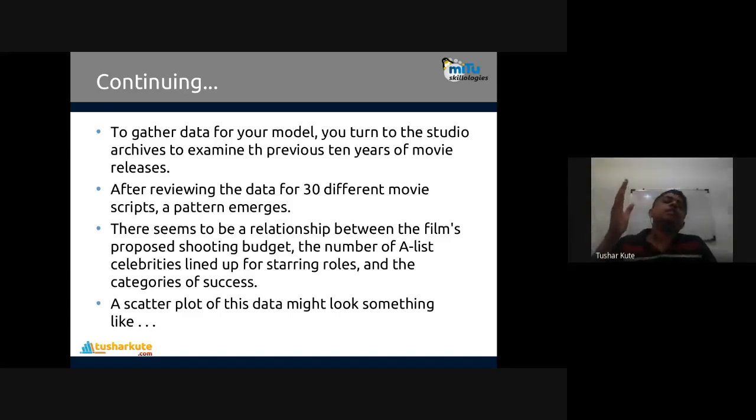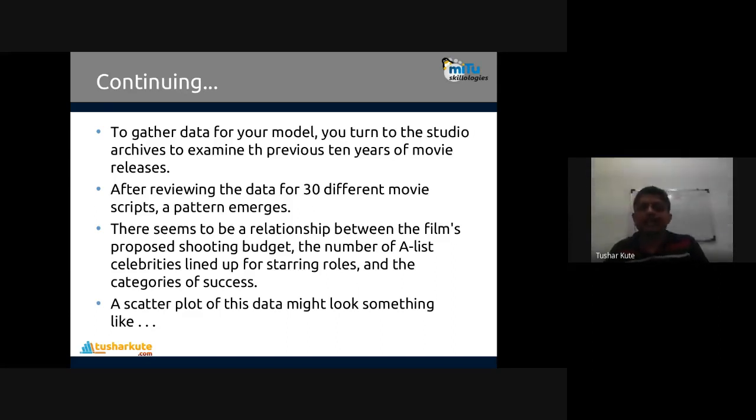And then accordingly, I found the features that will affect the categories of the movie. There seems to be a relationship between the film's proposed budget and the number of A-list celebrities lined up for starring in the roles. So two features I'm defining here, and the output variable is the category of success.